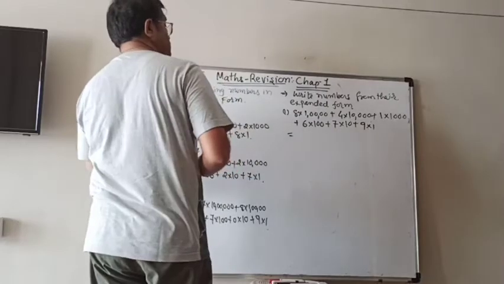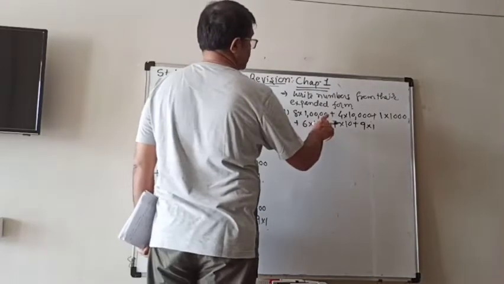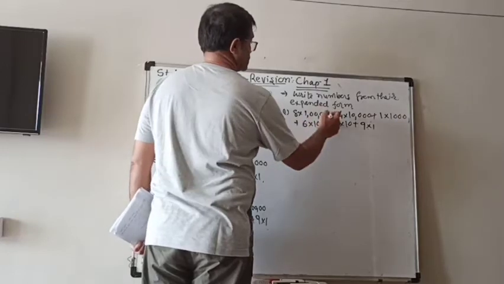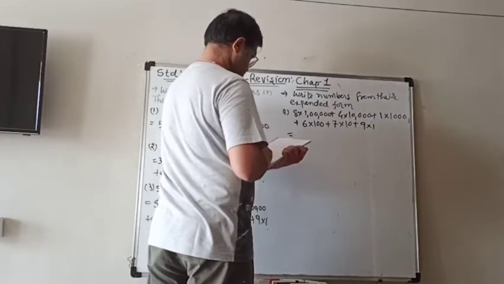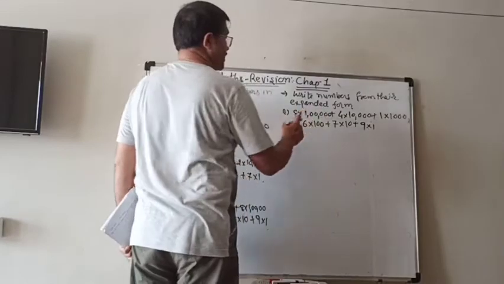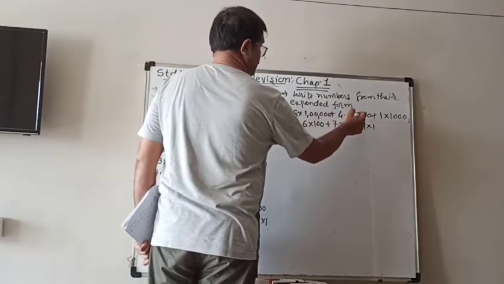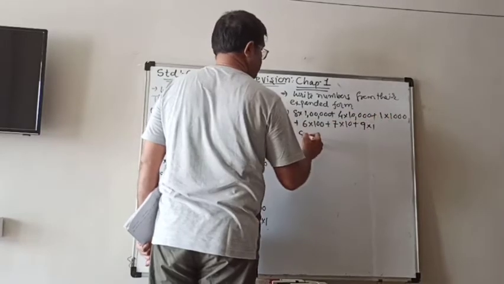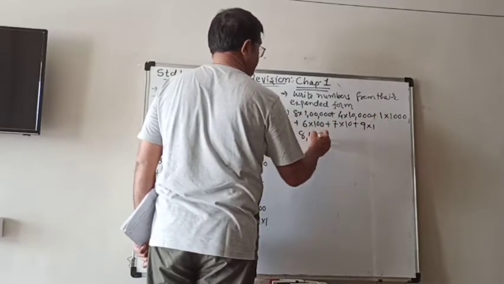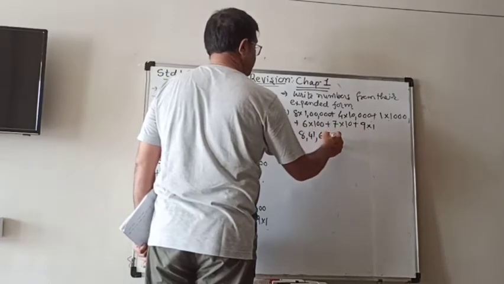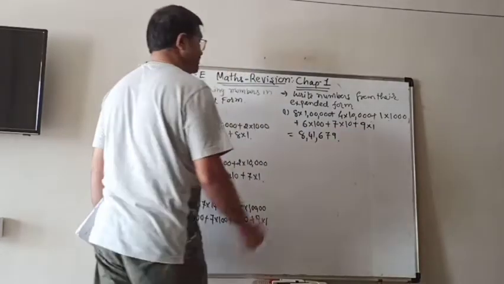So now here you can see that it is lakh. So here 8 lakh 40,000 plus another 1,000 means 41,679.